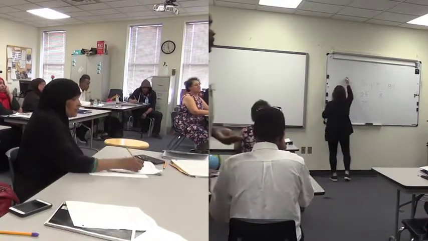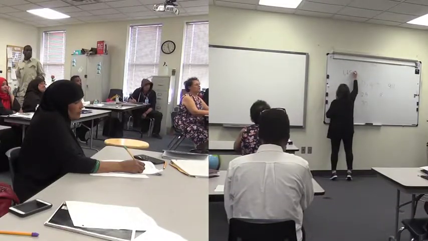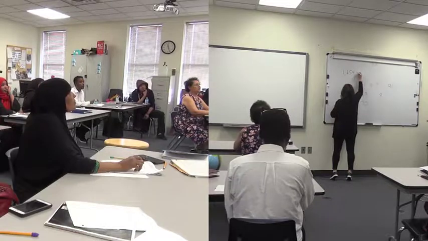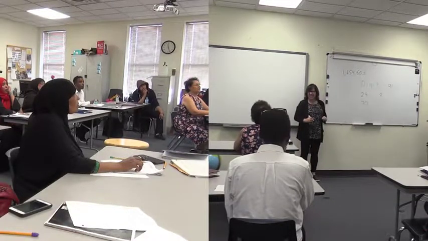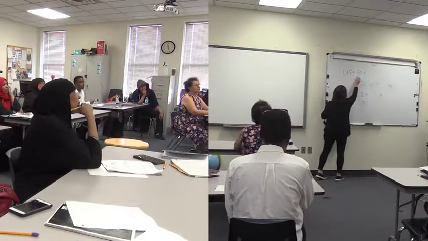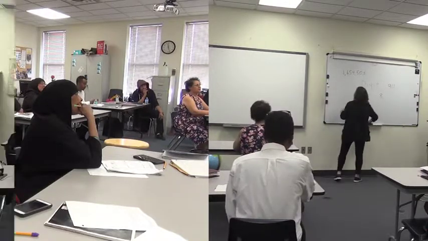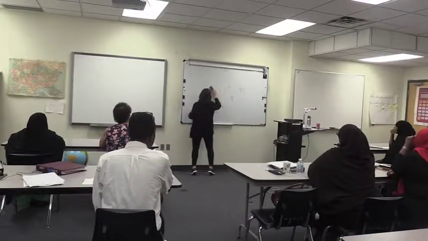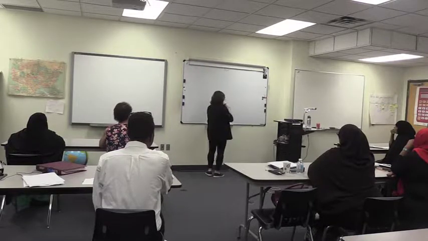How about how many digits? 7. 1, 2, 3, 4, 5, 6, 7 digits. 7 digits. Okay. So today, we will just practice with smaller digits.